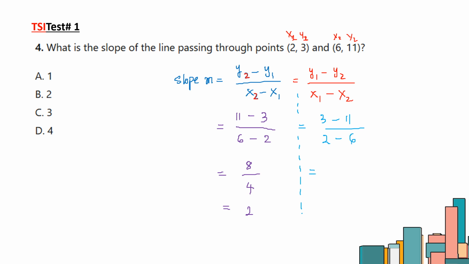So this one equals negative 8 over negative 4, and because a negative divided by a negative is positive, the same sign for multiplication or division produces a positive. So 8 divided by 4 is 2. So the correct answer is 2.